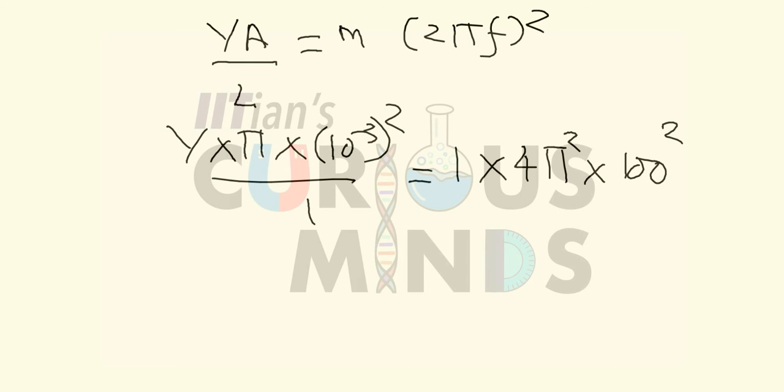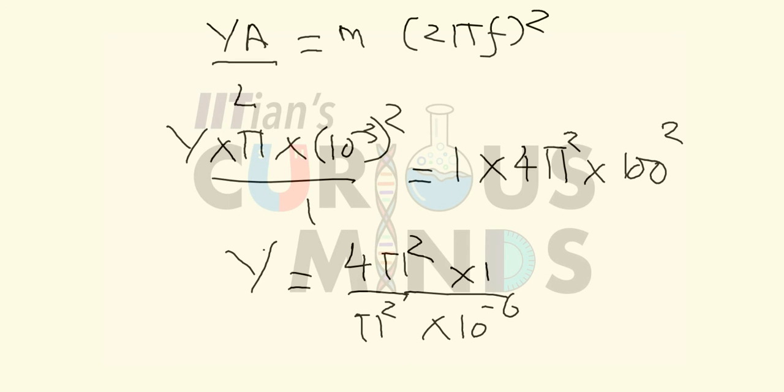Now when I substitute the values, the Young's modulus will be equal to, the 1 will not play any part. It will be equal to 4 pi square divided by pi into 10 to minus 6 into 10 to the 4. At the denominator this will be pi and not pi square. So pi and pi square will get cancelled out.